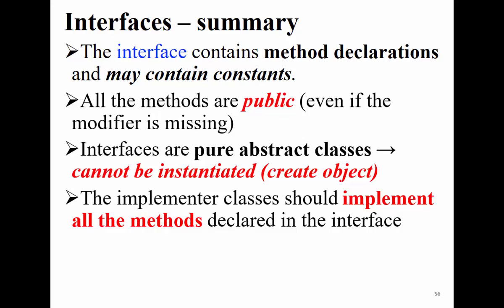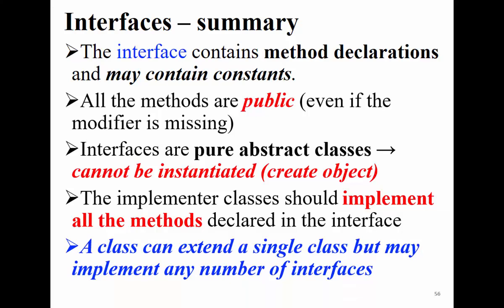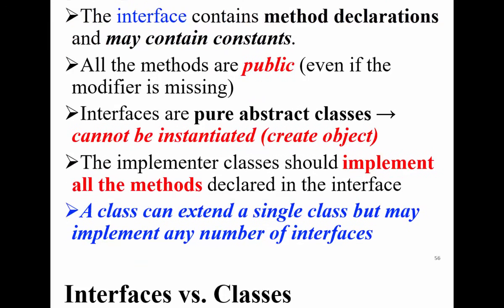Interfaces are meant to be implemented, and once you decide to implement the interface, you have to implement all of its methods. If you miss one of them, the compiler will stop you. And a class can extend a single class, but it can implement many interfaces. You will see the beauty of it later, but just keep it in mind for information.